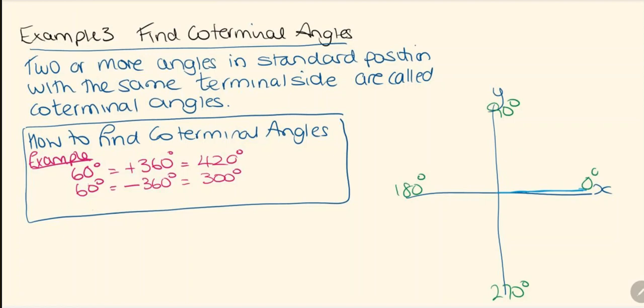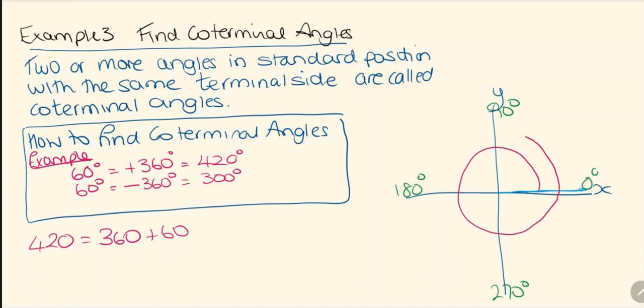So 420 is 360, a full turn, plus another 60 degrees. So our angle is going to start here, do a full turn and then another 60. So let's draw in that angle there, 60 degrees.